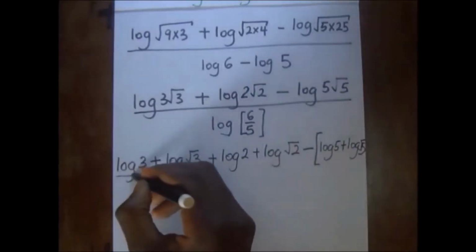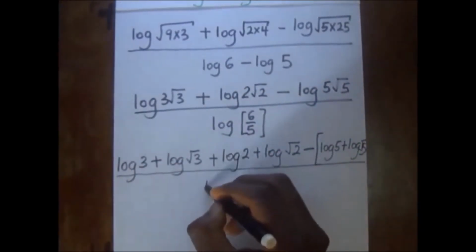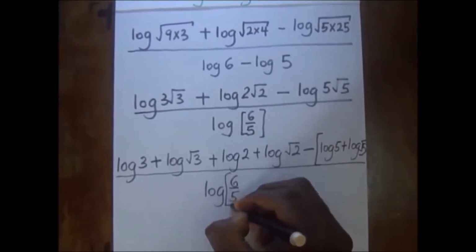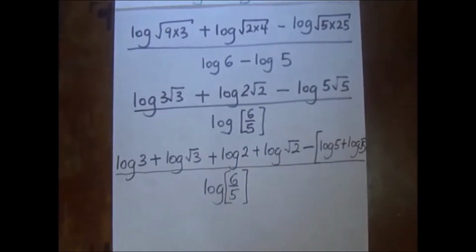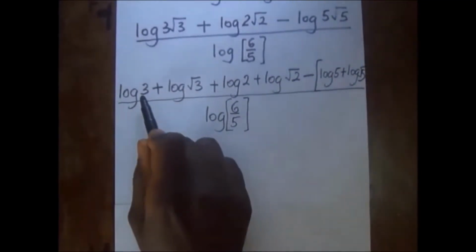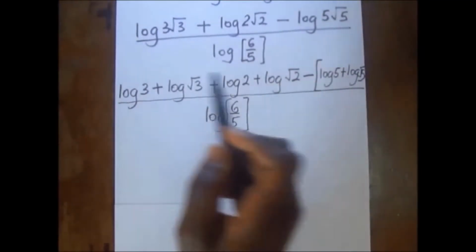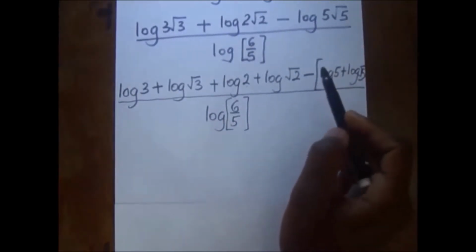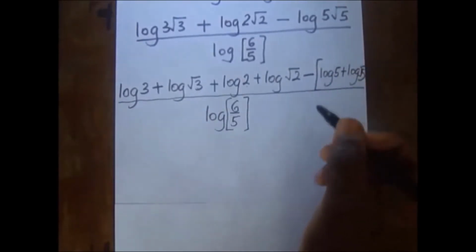We're dividing all that by the log of 6 over 5, like that. So now we regroup them. Those logarithms that have whole numbers, we clamp them together, and those that have roots, we just clamp them together too.